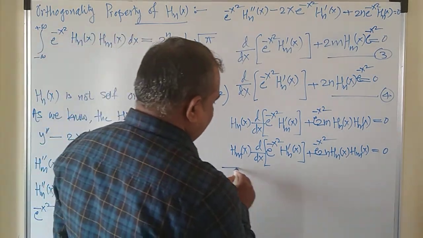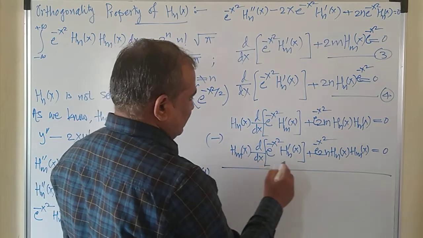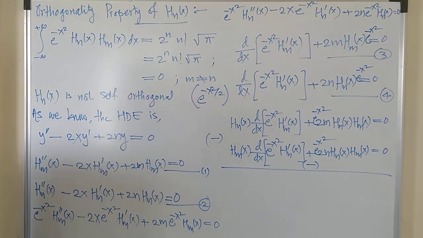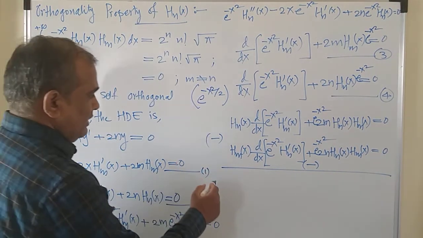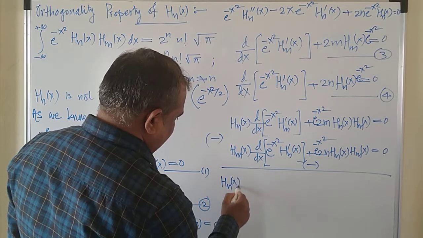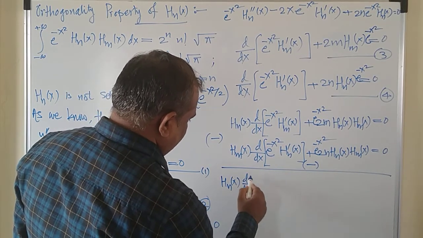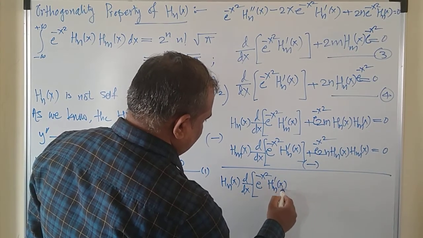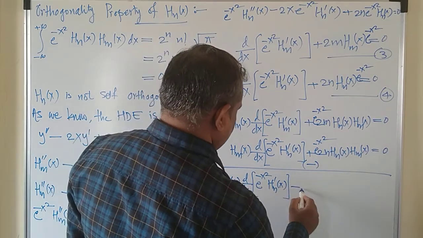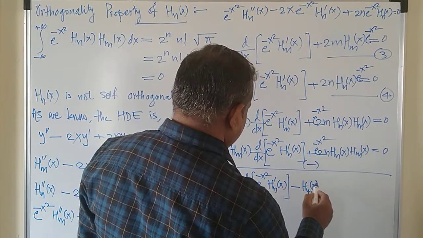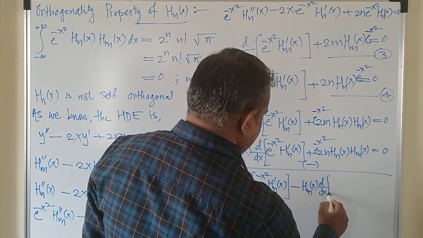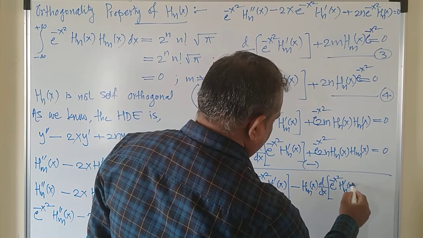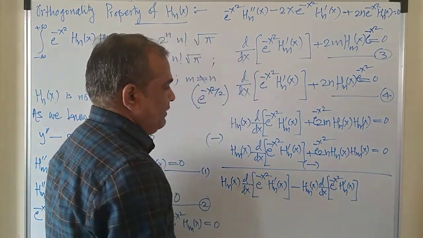And then subtract these equations from each other, and after subtracting this term will become negative, and you will be able to write this as Hn of x into differentiation of e raised to minus x square Hm dash of x minus Hm of x into d/dx of e raised to minus x square Hn dash of x, right?